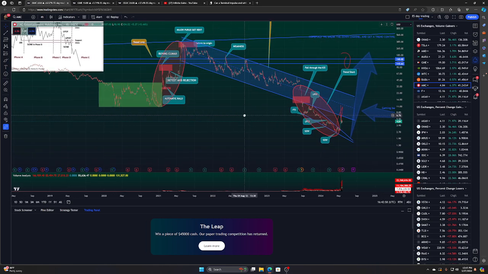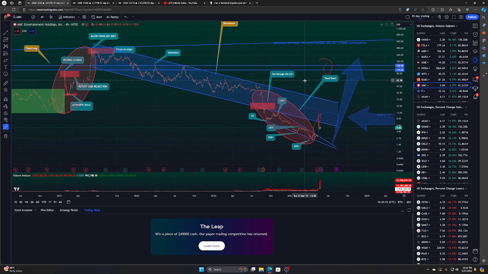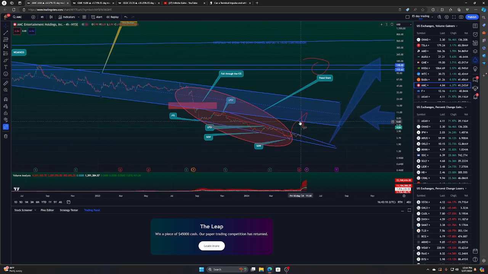But that doesn't really make sense because we didn't go to the upside. We had a trend long and then we went down again. I don't know if that makes sense. So I think Wyckoff manages this structure better. But maybe I'll redo the entire chart tonight and share that with you guys.